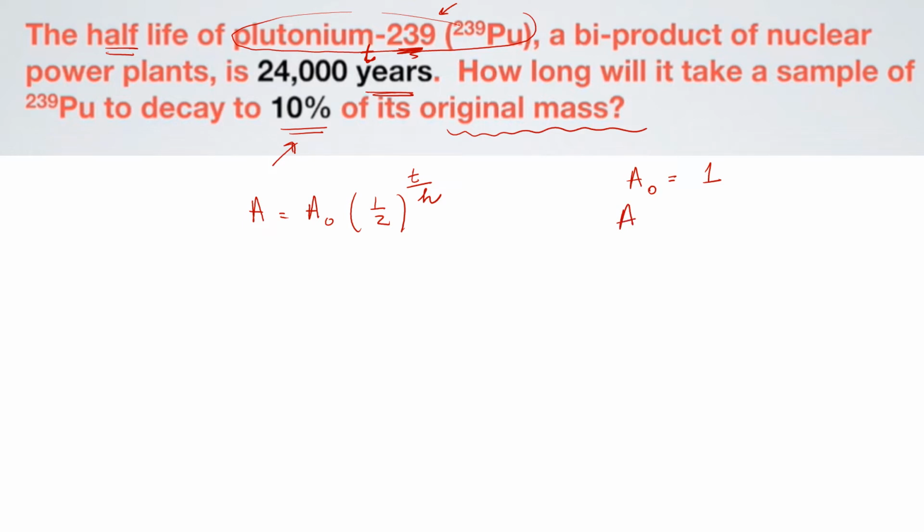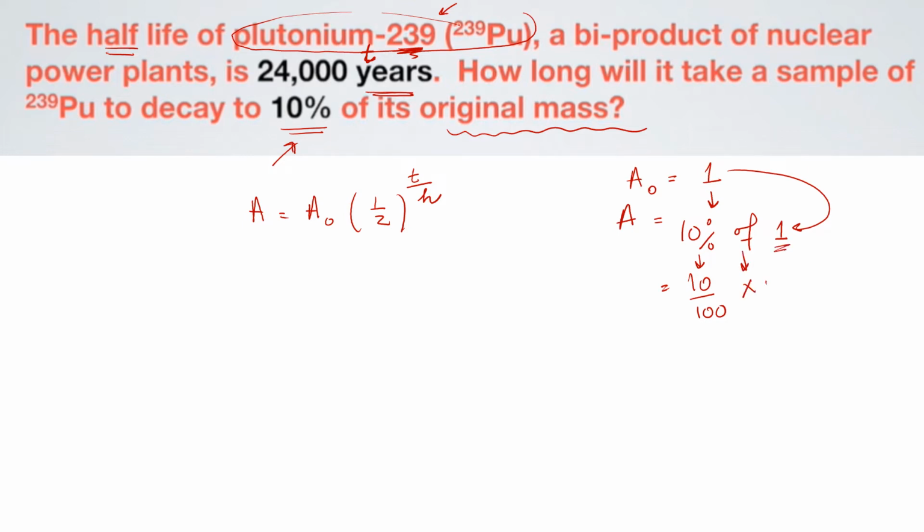They say the final amount has decayed to 10%. So I can say this is 10% of 1, where 1 is the amount I assume to make my life easier. I also told you in the previous video that whenever a percent is given, it is automatically divided by 100, and of means multiply.